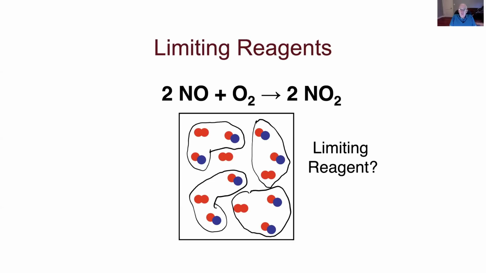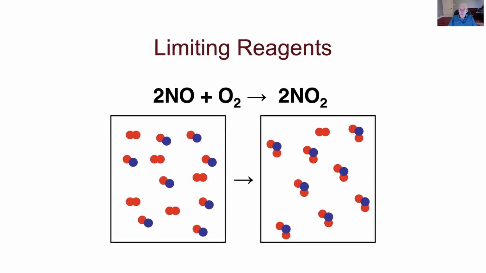That says I had more than enough O2, so my limiting reagent here looks like it was the NO. If I wanted to know what this would look like as products, each of my 4 circled sets should make 2 NO2s. So I should end up with 8 NO2s and an O2, which is a picture that looks like this one.